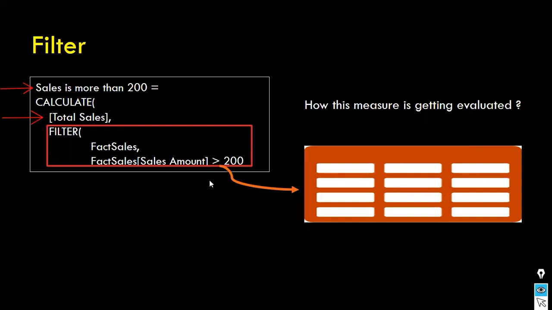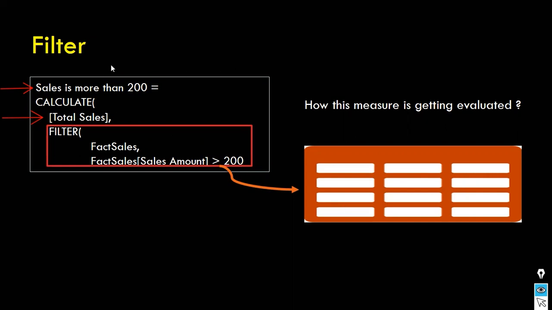The DAX engine creates this virtual calculated table, which is the filtered version of your fact sales table in the background. Once this table is created, DAX evaluates the total sales measure against this filtered table. That's it. The interviewers ask you this.